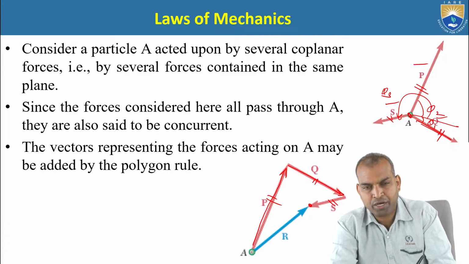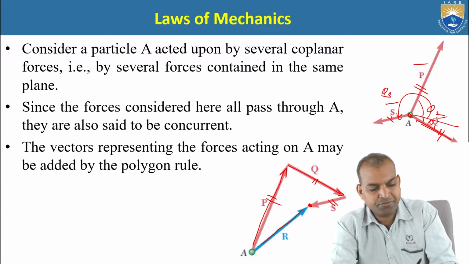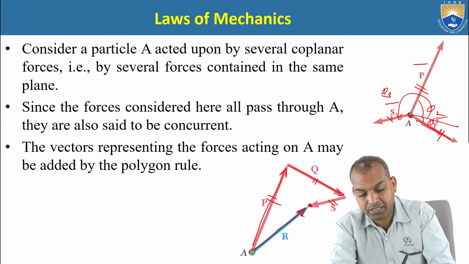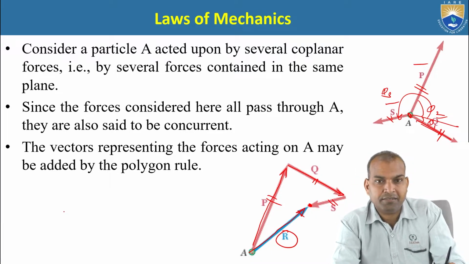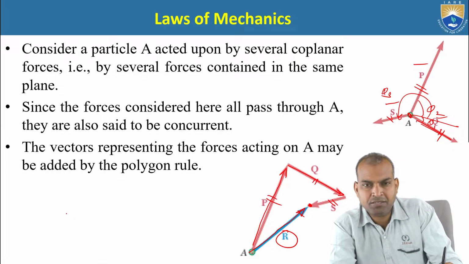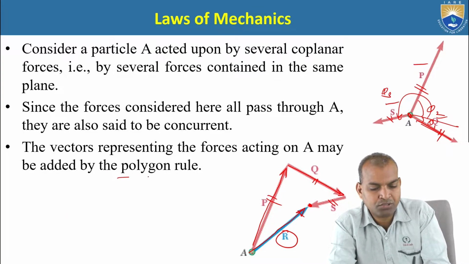That closing side, joining the particle A with the starting of S, represents the resultant force. So the rule which we use to find the resultant of more than two forces is known as the Polygon Rule.